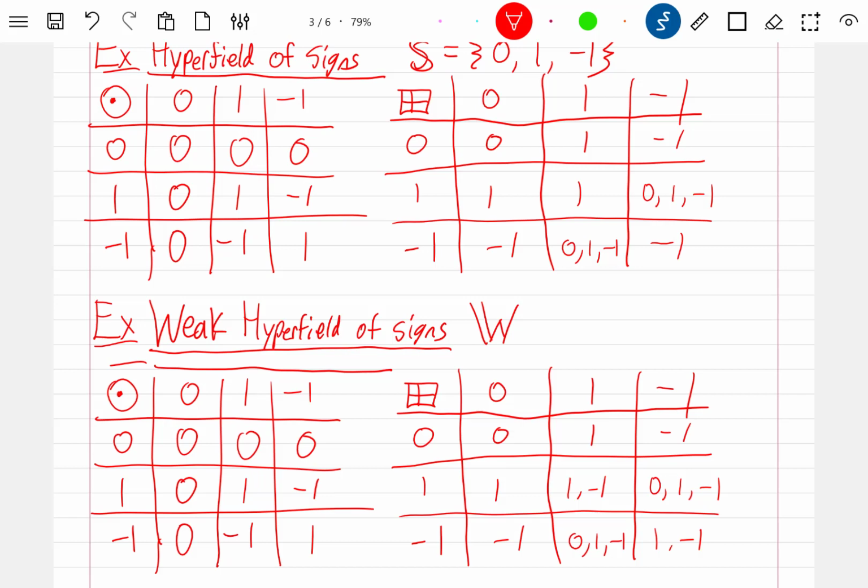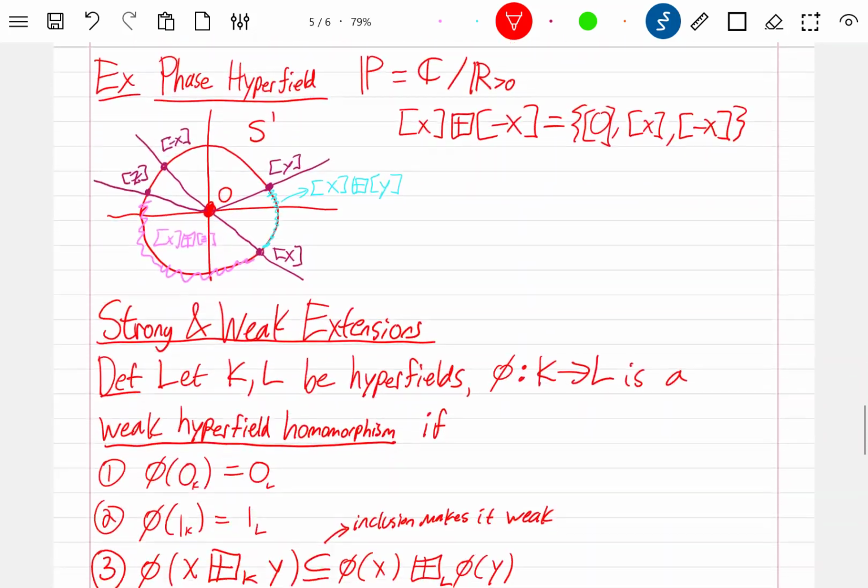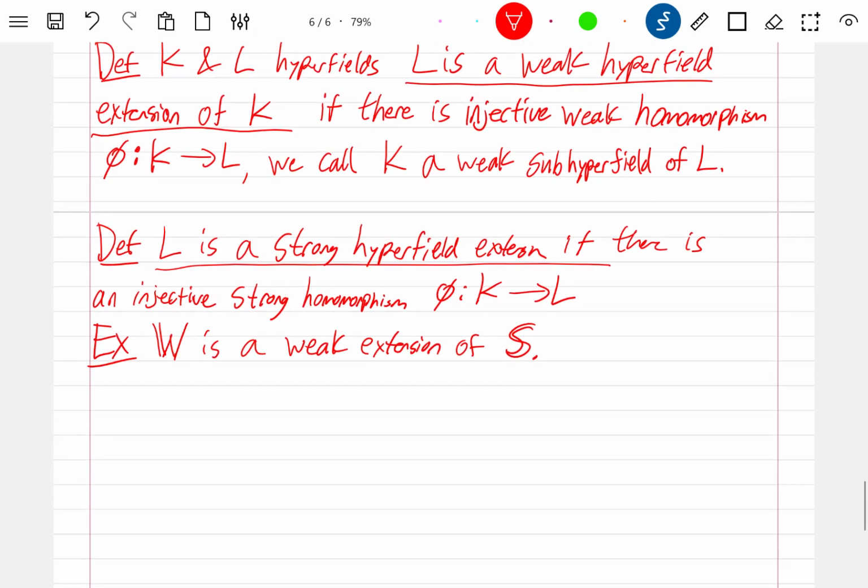If we consider the map from the hyperfield of signs to the weak hyperfield of signs, it's strong everywhere except at 1 and -1, because 1 plus 1 in the hyperfield of signs is just 1. But that's a subset of 1 plus 1 in the weak hyperfield of signs, which is 1 and -1. Since we have that inclusion, the weak hyperfield of signs is a weak extension of the hyperfield of signs.